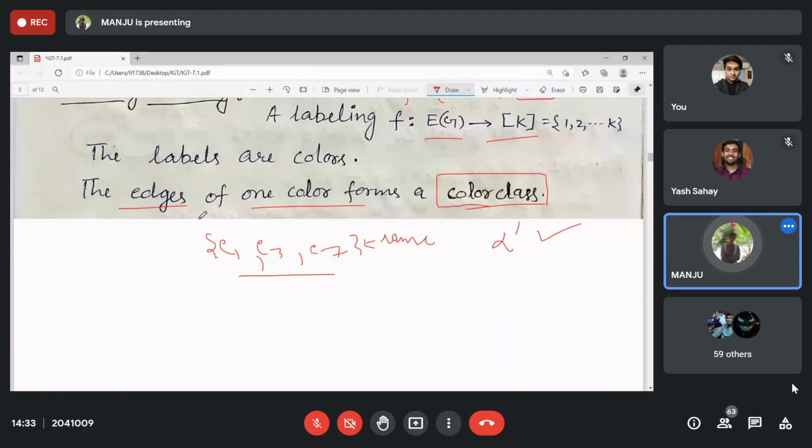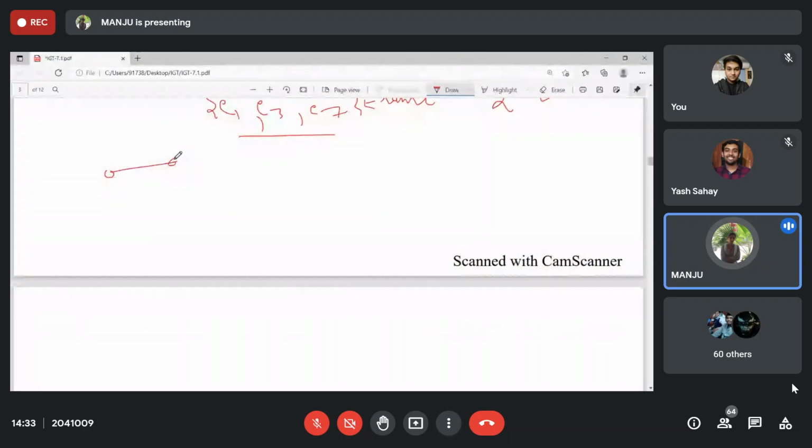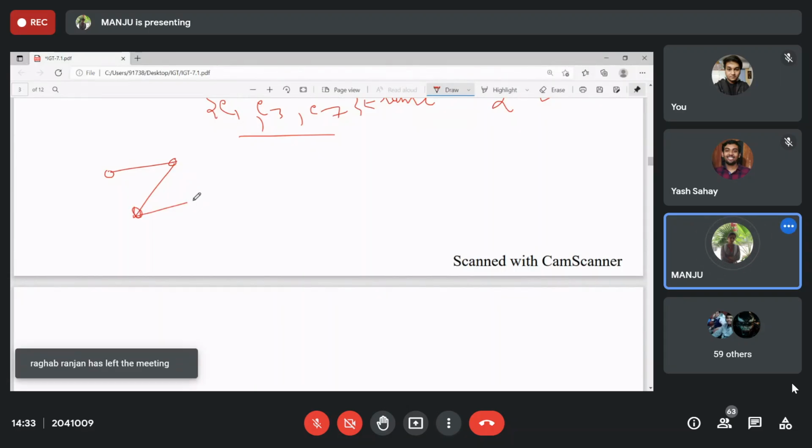For example, in case of K2, you need just one color. For P3, you need two colors, right? For P4, you can use two colors or three colors, depending on the number of edges.